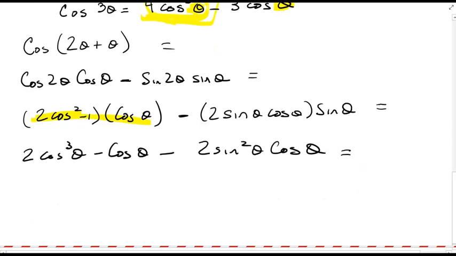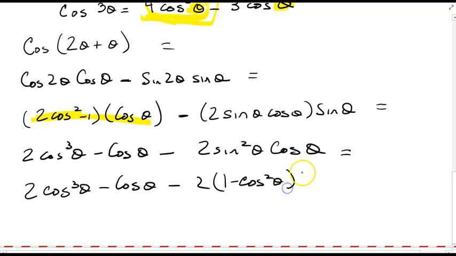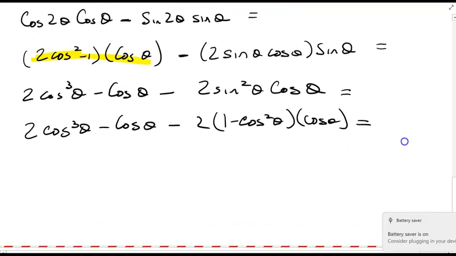So what I'm going to do is take that sine squared theta and say, hey, wait, I know a way to change sine squared into 1 minus cosine squared times cosine theta. All right, I'm getting closer.